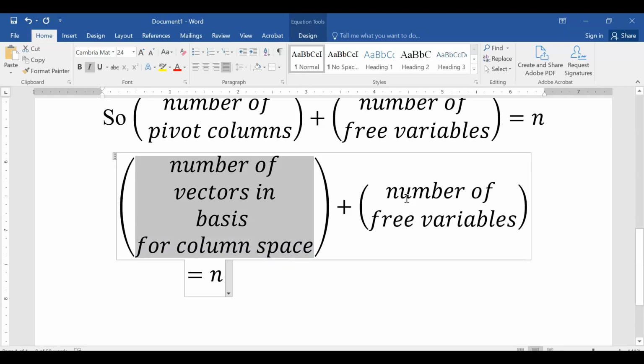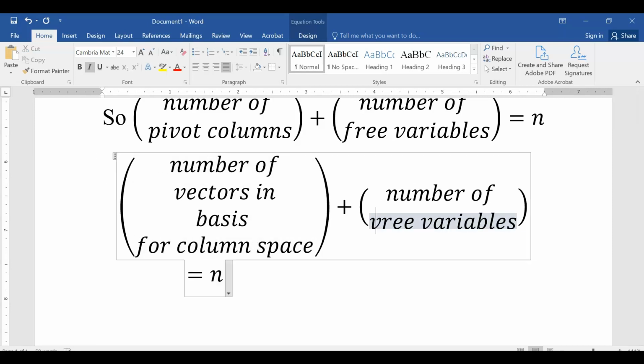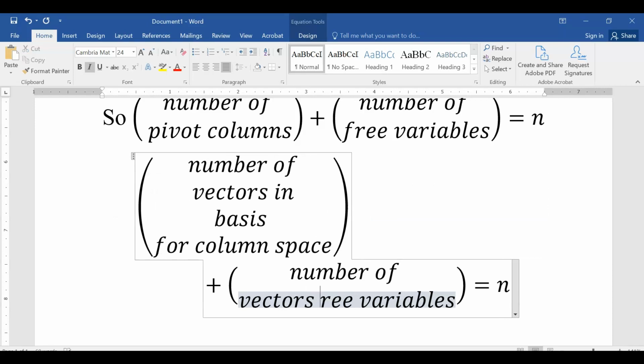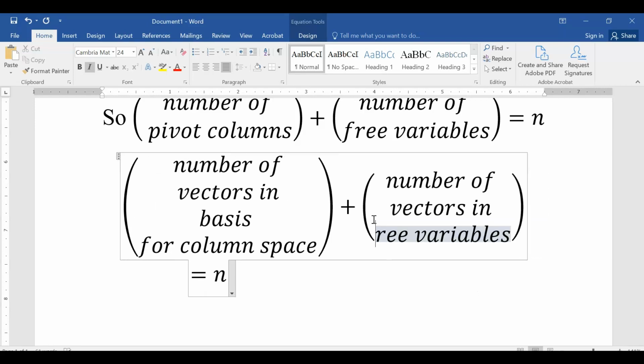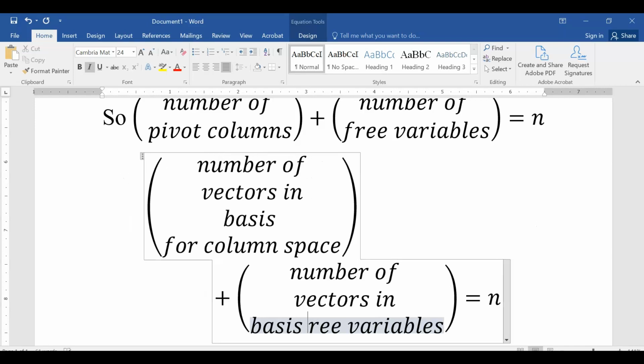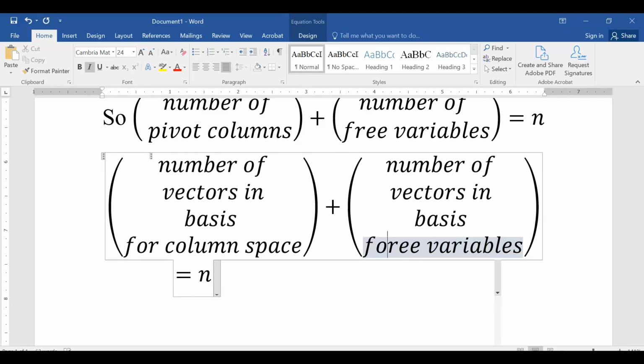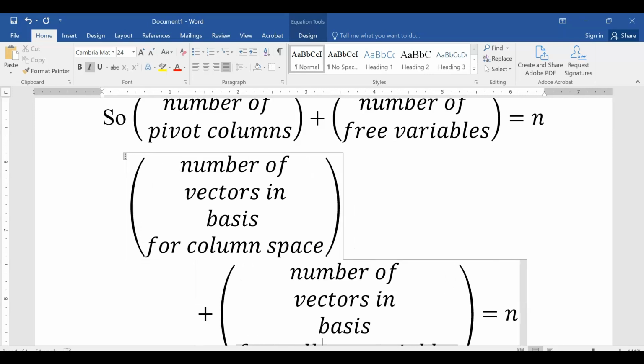And then the number of free variables represents the number of vectors in a basis for the null space.